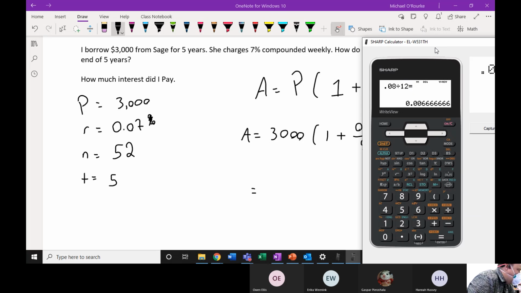Press 52. Close your bracket. To the power of. And what's the number? 5. Yeah, you can go 5, bracket, 52, close your bracket, equals.